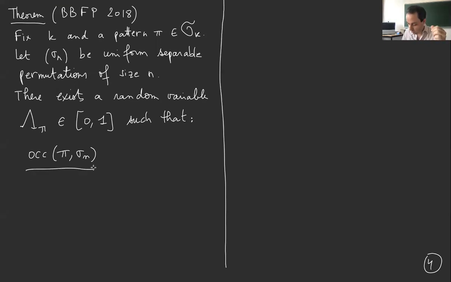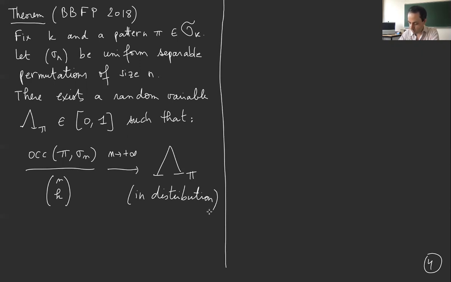So if I divide by n choose k, and I let n tend to infinity, then the left-hand side converges in distribution to lambda pi. Okay. And we will see that somehow lambda pi is related to this Aldous continuum random tree.